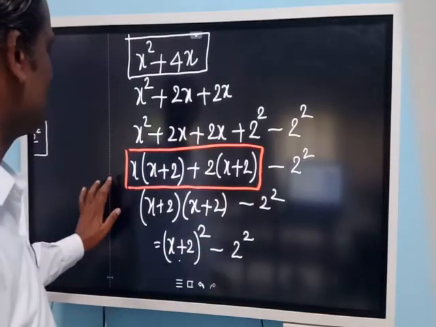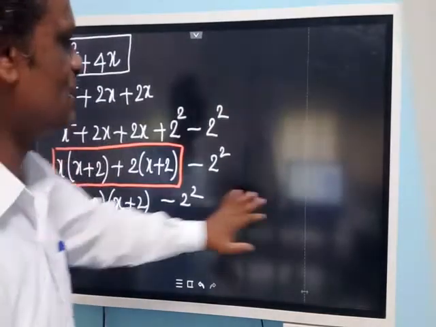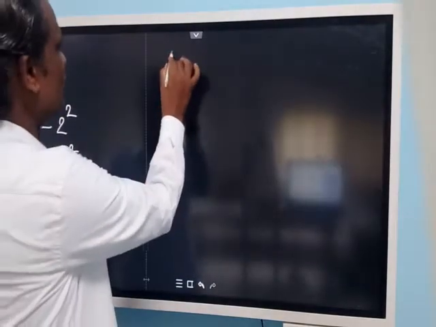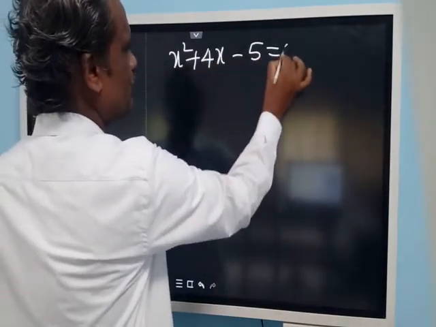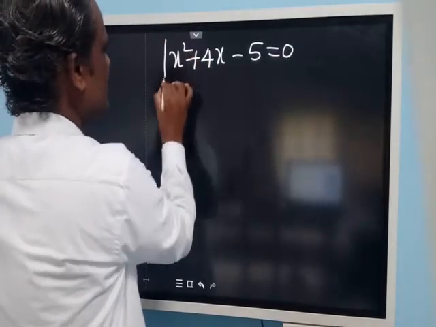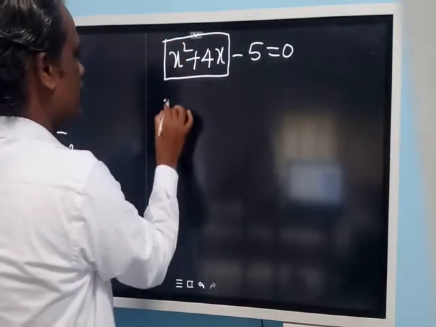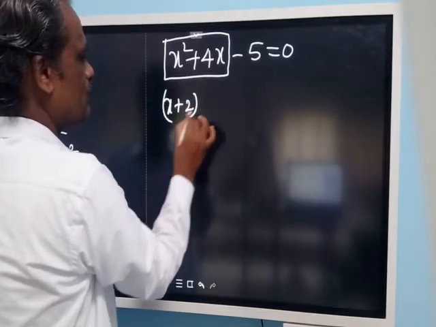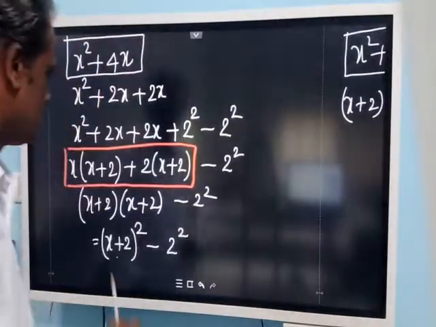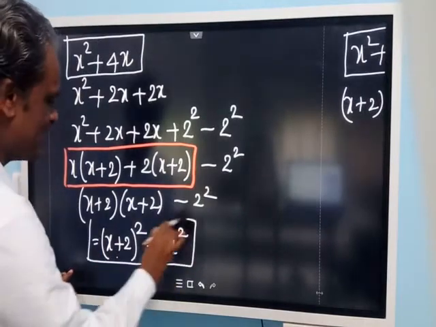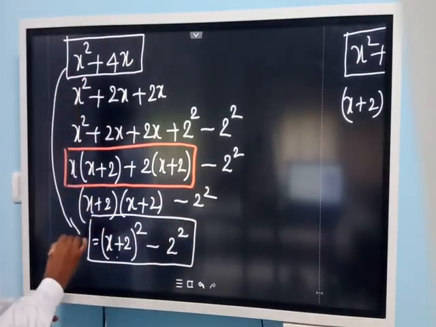And the given quadratic equation was like this: x square plus 4x minus 5 is equal to 0. So now this we change into x plus 2 whole square minus 2 square. This is the same as this one.